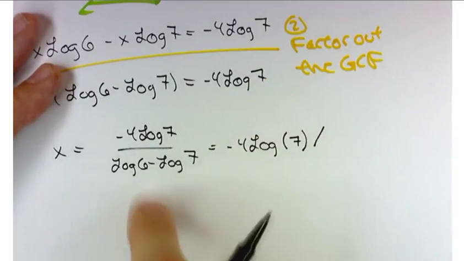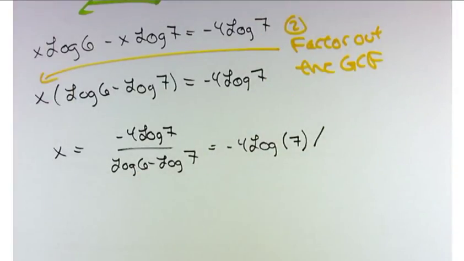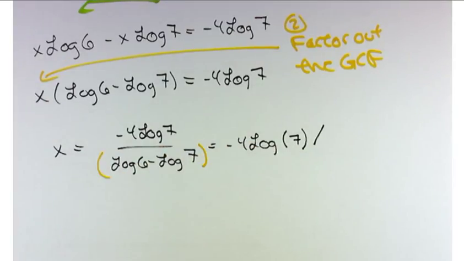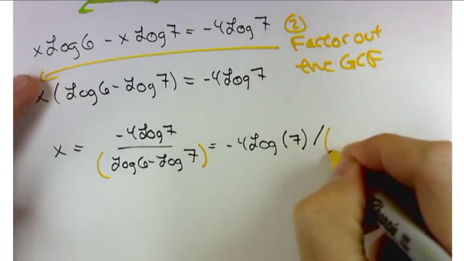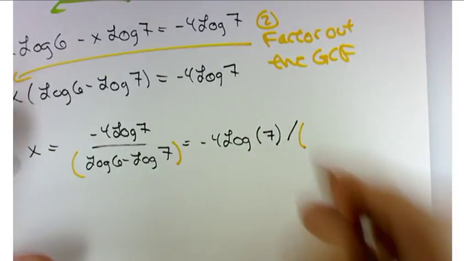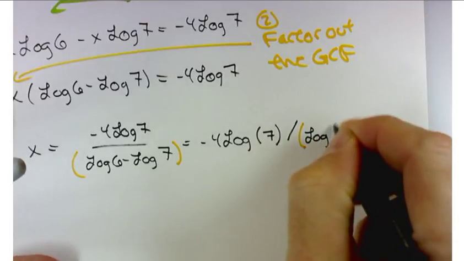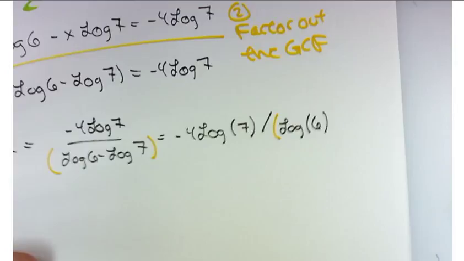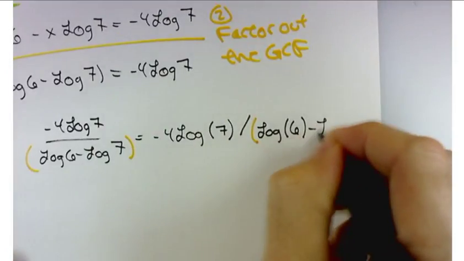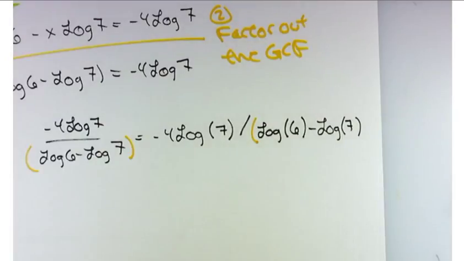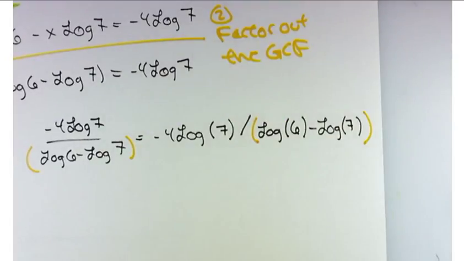Divided by this denominator. And for that denominator, you need to put in parentheses again. So a left parenthesis for the denominator, then log, left parenthesis again of 6, right parenthesis for the log, minus log of 7 with its parentheses, and a right parenthesis for the denominator.